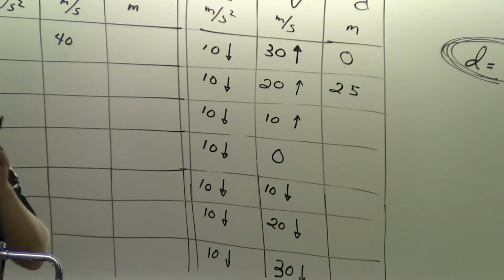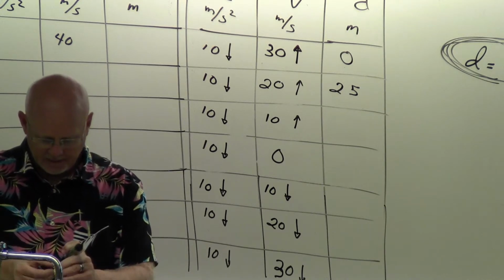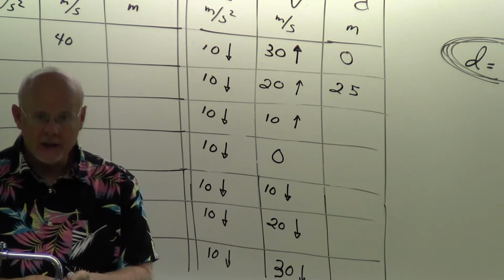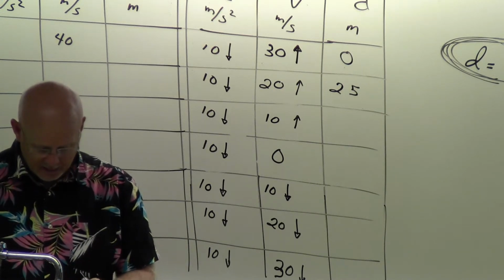In fact, this is exactly the same numbers as the one I did as an example. It was chapter 2, and I forget the exact number. I squished it all up here. But when I started today's lecture, I said, hey, let's look at some ones that are kind of tricky.